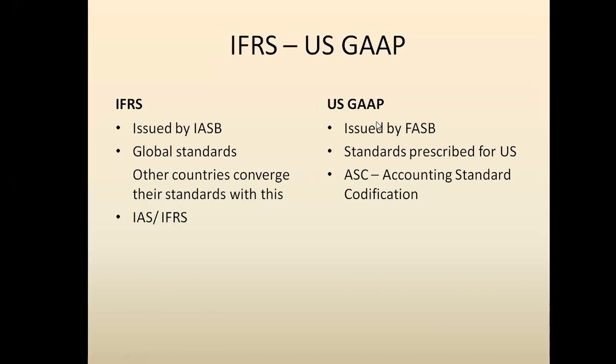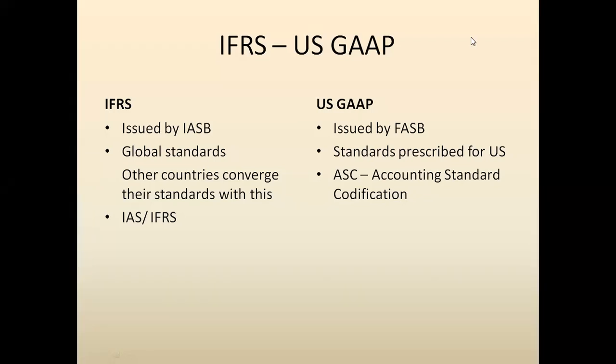A brief description of the difference between IFRS and US GAAP. IFRS is issued by the IASB, the International Accounting Standards Board, and those are global standards to which other countries align their individual country standards. For example, in India, we have our set of accounting standards which we have converged with the international standards and named Ind AS.